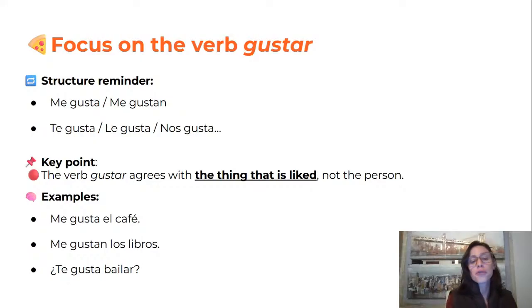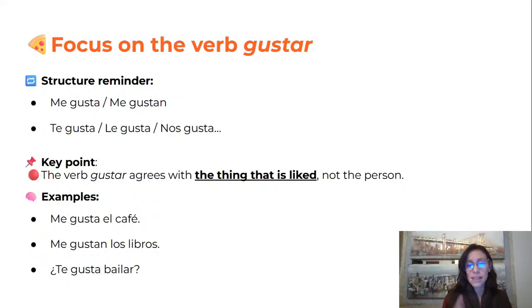We have to make the verb agree with the noun's number. Me gustan los libros.